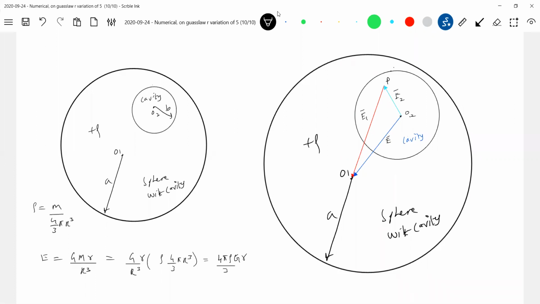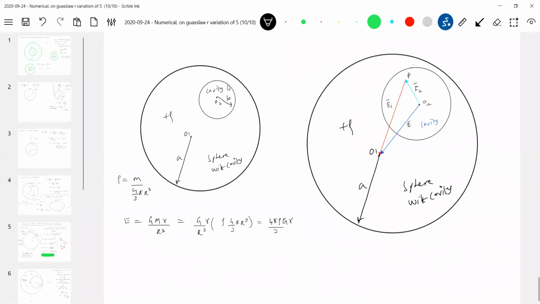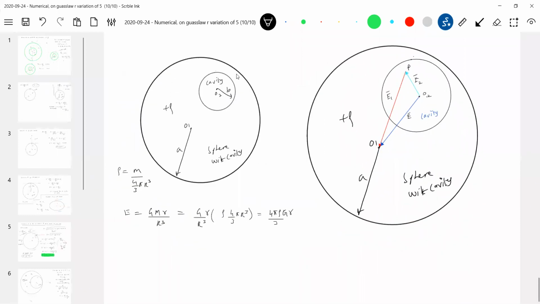Let's calculate E1 bar. As if there is no cavity, what is E1 bar? Looking at this diagram, what is E bar?